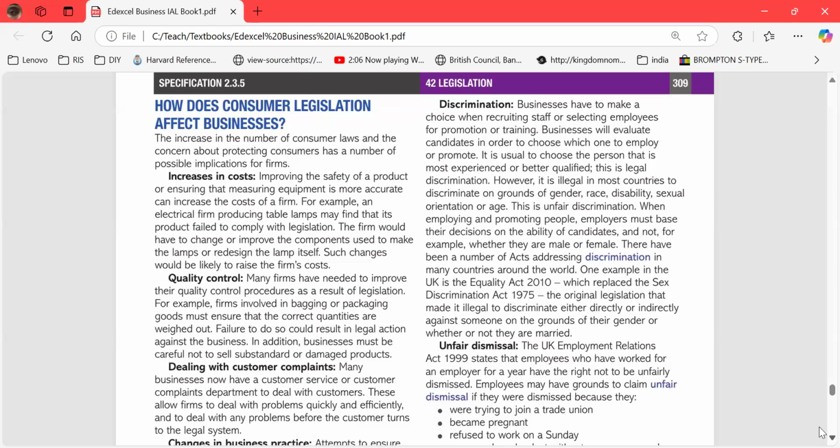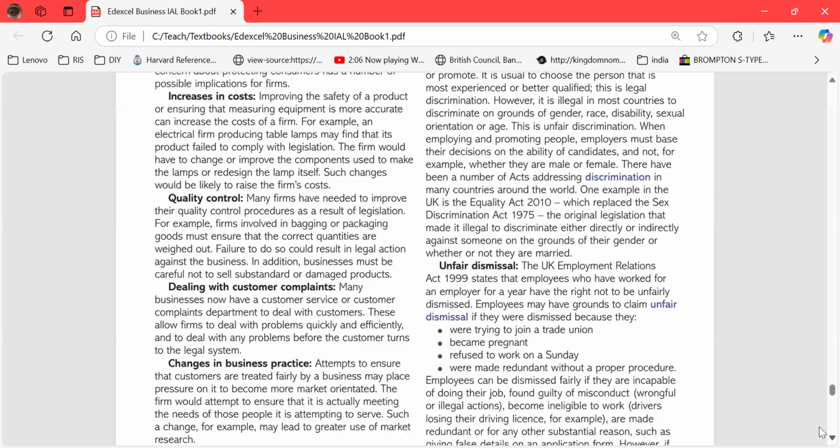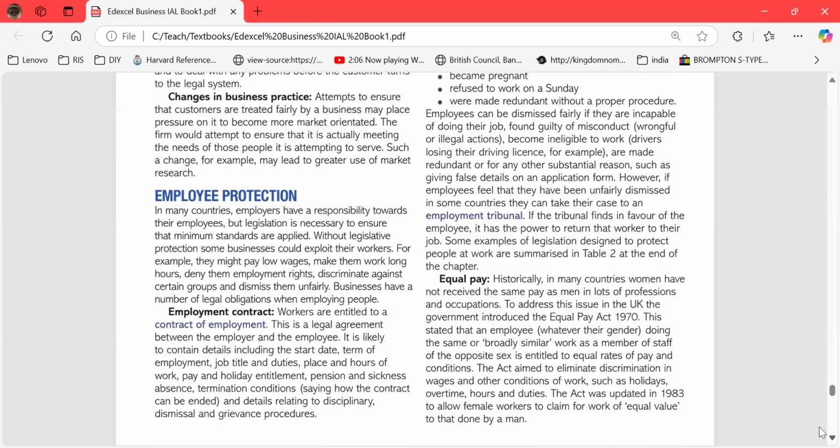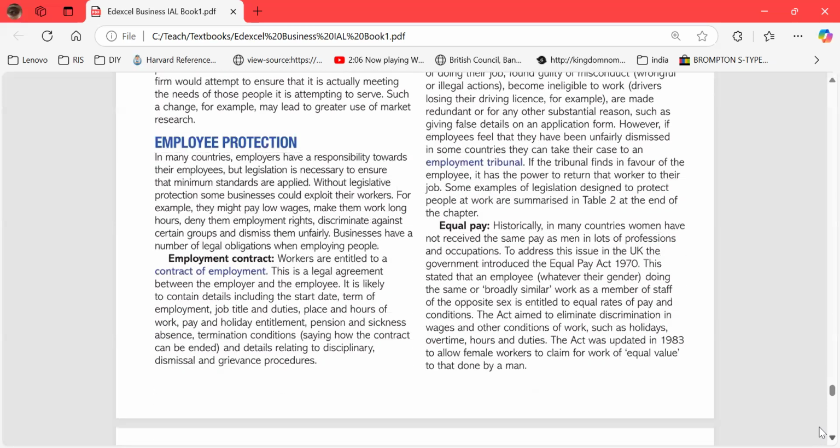And then unfair dismissal. The workers or the employees are not guilty, but still they're getting a punishment. Suppose an employee became pregnant, and because of that she is getting fired. That's a very unfair thing to do. Now there are proper acts based on that, on how a company will deal with this situation.